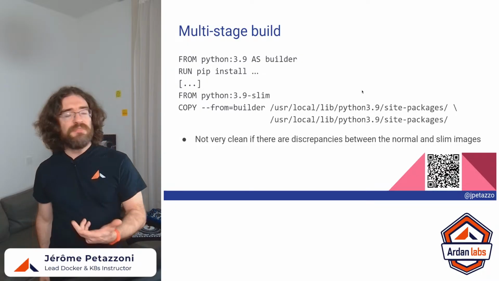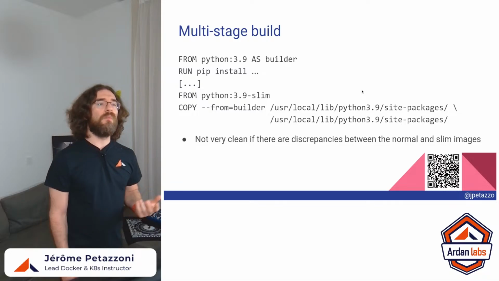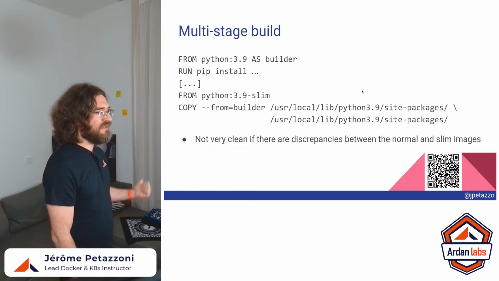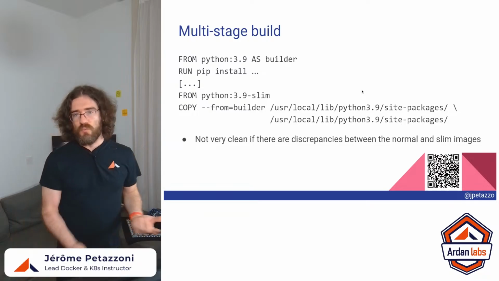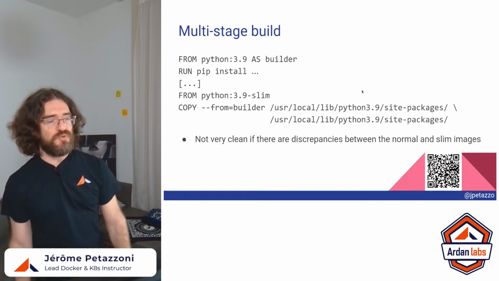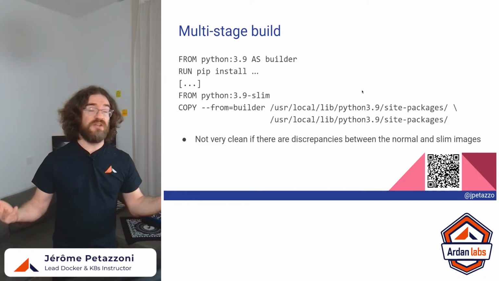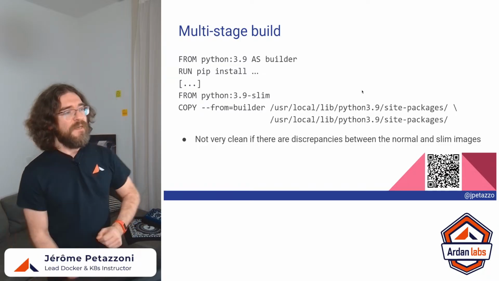Multi-stage builds is a very classic thing if you are using compiled languages. So if you're using Rust, or if you're using C, when you're working with containers, sooner or later somebody is going to show you multi-stage builds, and you're going to be like, wow, I just divided by 10 the size of my image, this is great.